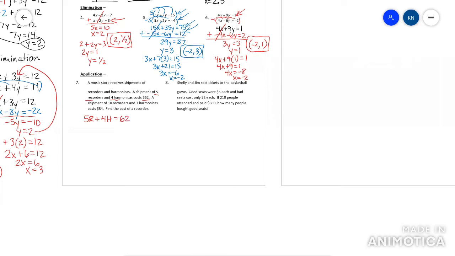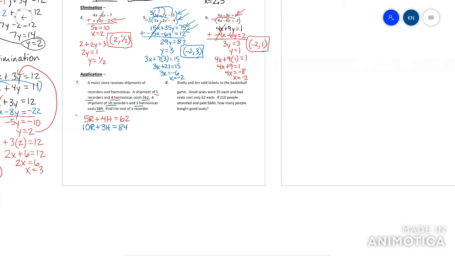All right, make another equation. 10 recorders and 3 harmonicas is 84. 10 recorders plus 3 harmonicas is 84. Now, I'm going to try to do elimination here. So I want this top equation to say minus 10r because then it would cancel, right?